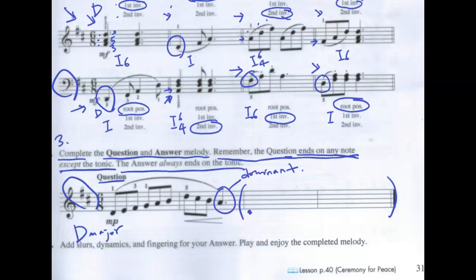So I want to match the first and the third measure. Usually the first and the third measure, corresponding measures, are the same or similar. You don't need to do that, but that's very common in classical musical structure.